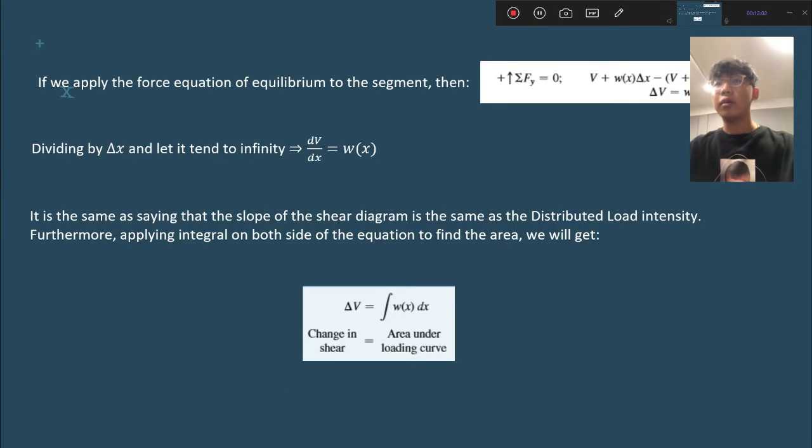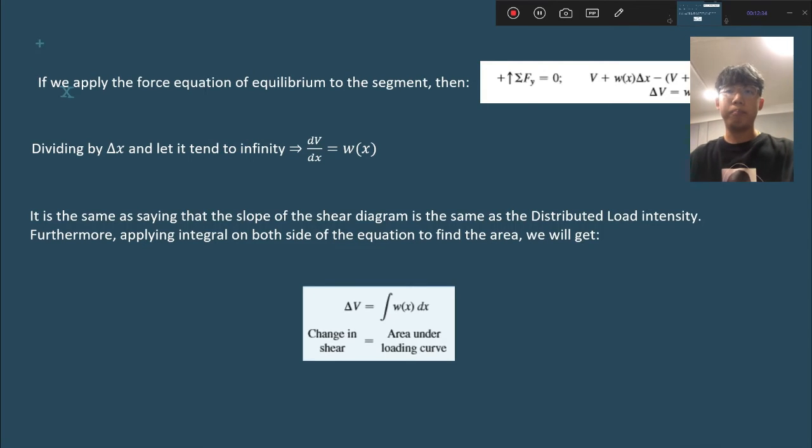If we apply the force equilibrium equation to the segment, then we find the given formula. We use the sum of Fy, and we find delta V is equal to w(x) delta x, which is similar to the Riemann sum or the sigma formula.